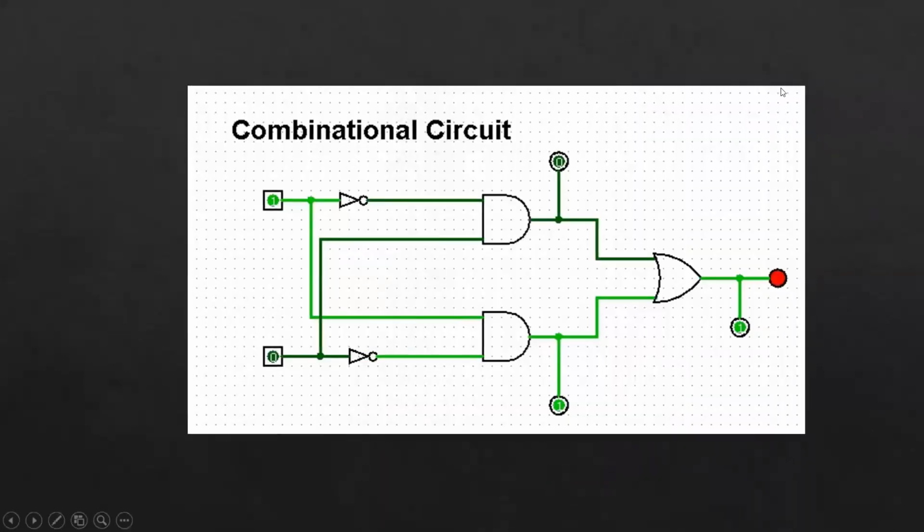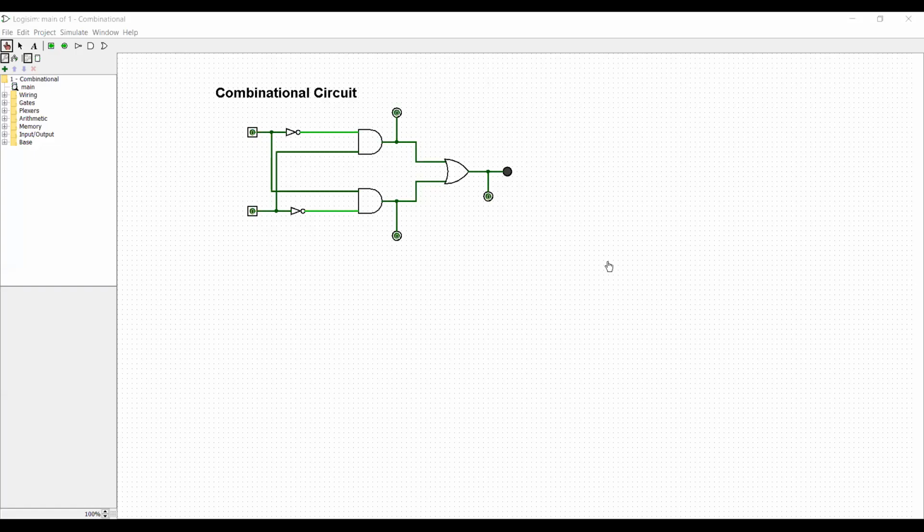So you can see the sample combinational circuit. And I will show you how to draw a sample combinational circuit by using Logisim. Here I already drew a combinational circuit. Now I'll draw it again.